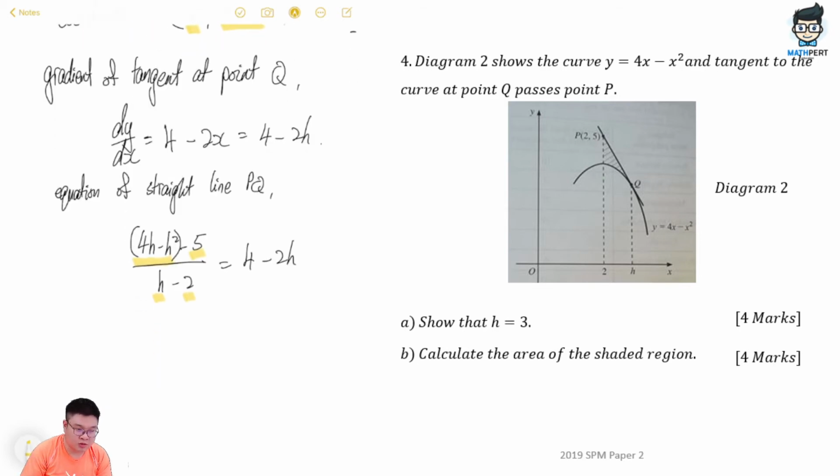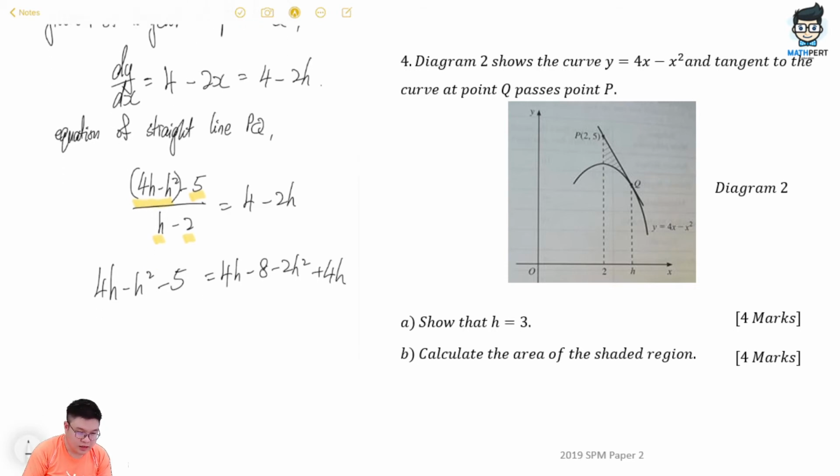Now we can cross multiply and we get 4h minus h squared minus 5 equals (h minus 2) multiplied by (4 minus 2h), which gives 4h minus 8 minus 2h squared plus 4h. Then we rearrange it and we get h squared minus 4h plus 3 equals 0.